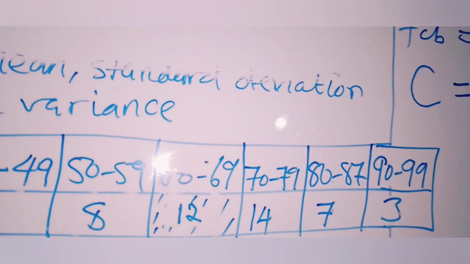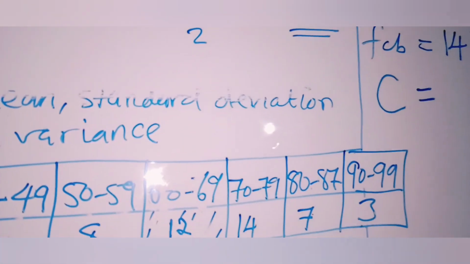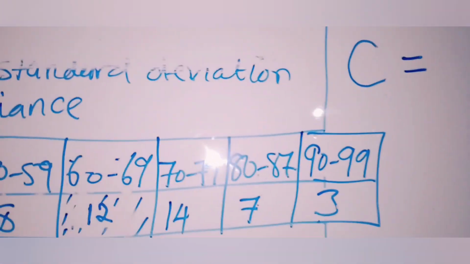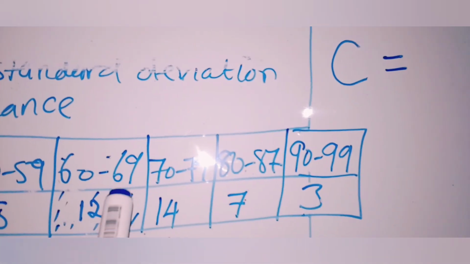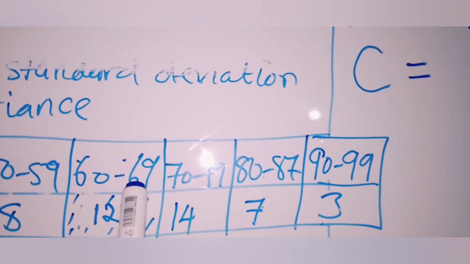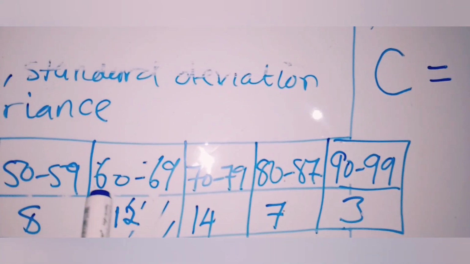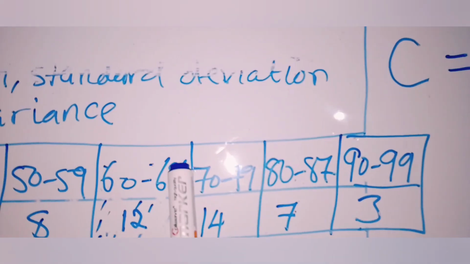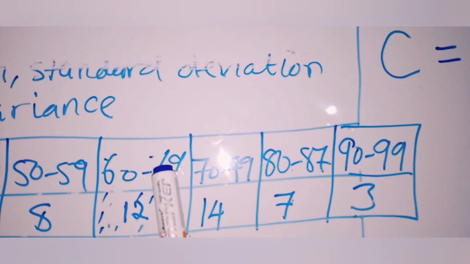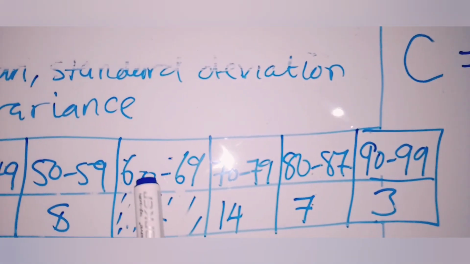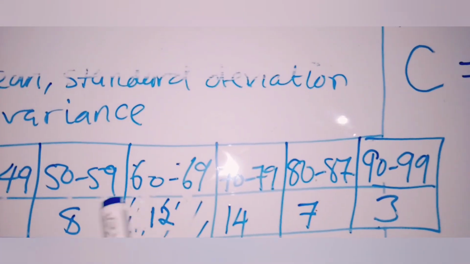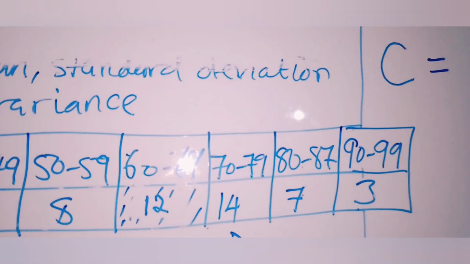That is how we find the class width: we add the upper class boundary, and then you add the lower class boundary, and then you subtract the lower class boundary from the upper class boundary.